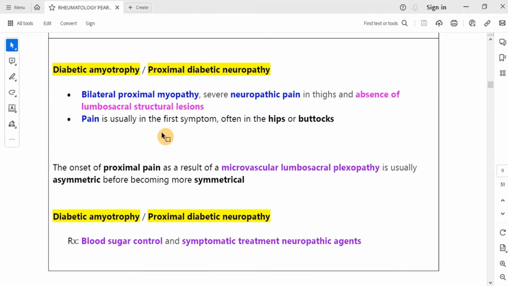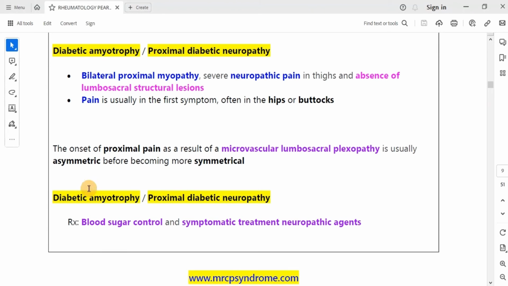Pain is usually the first symptom, pain in the hips or in the buttocks. The onset of proximal pain as a result of microvascular lumbosacral plexopathy is usually asymmetric before becoming more symmetrical. So microvascular lumbosacral plexopathy, this is usually asymmetrical or unilateral.